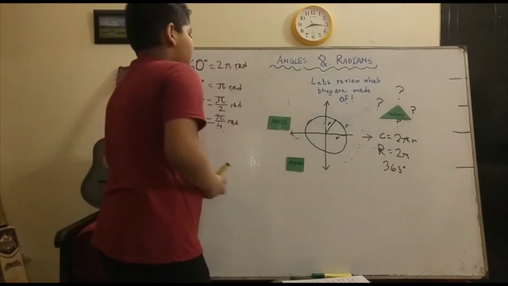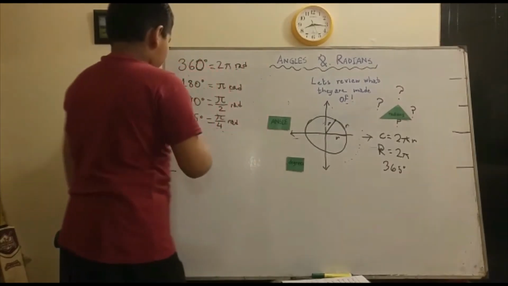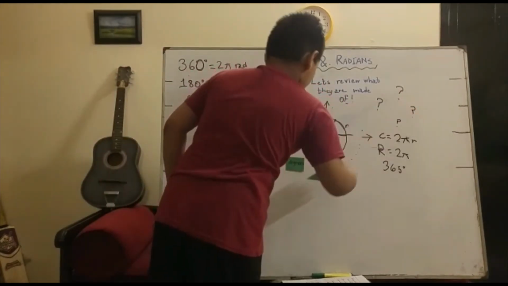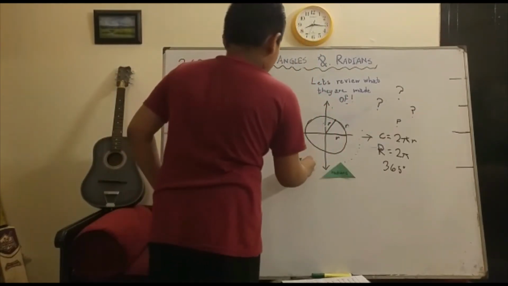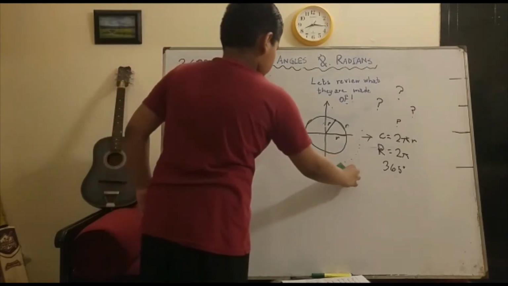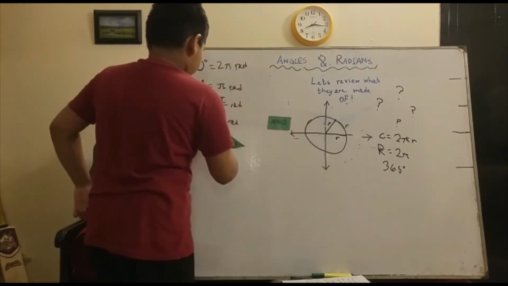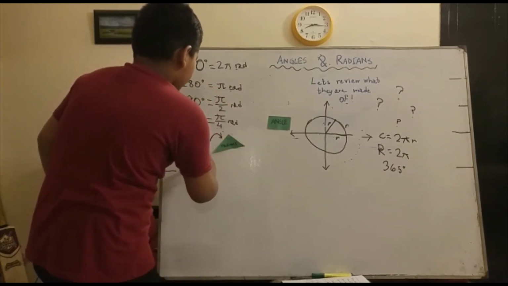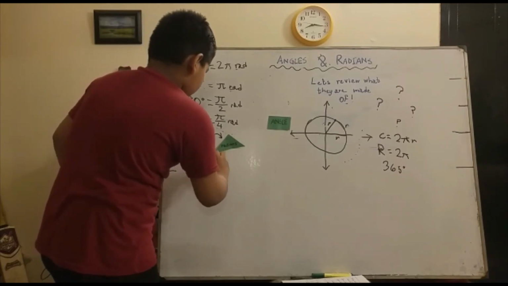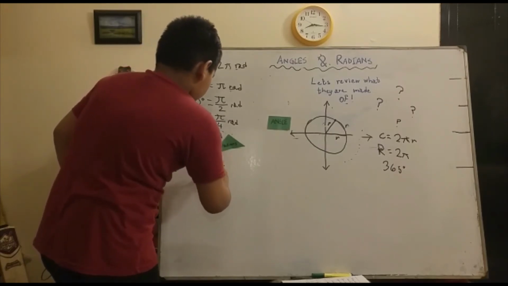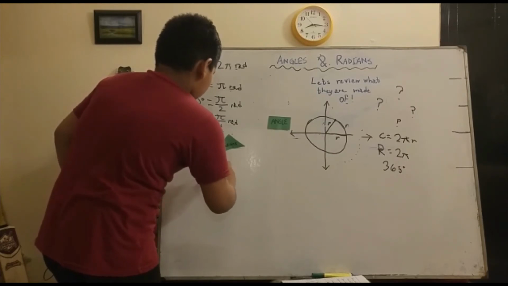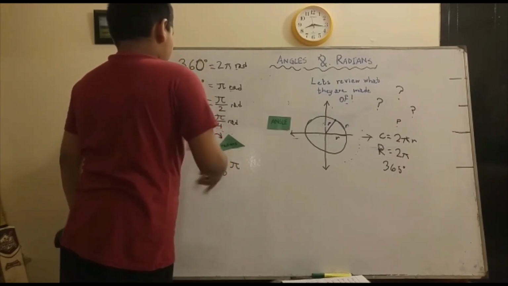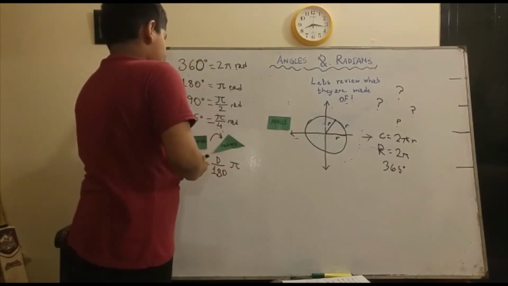Some mouthful. Now the equation we might use for converting degrees to radians is r equals d over 180 times pi, where r is radians and d is degrees.